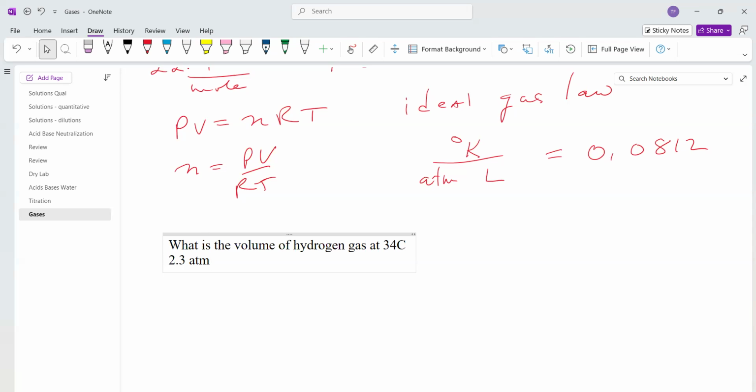So we want volume. We're going to solve for V. So V is equal to nRT over P. So R is always going to be 0.0821. And we're not changing the number of moles. We're going to assume it's 1 mole of gas.